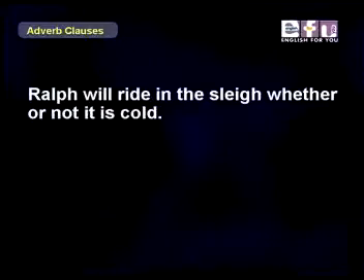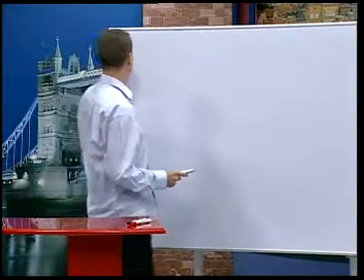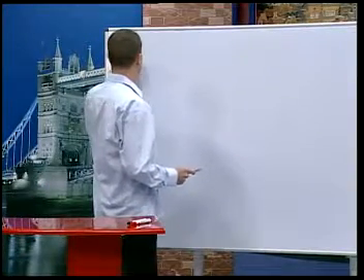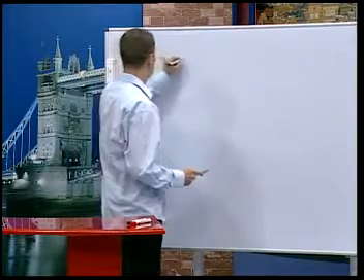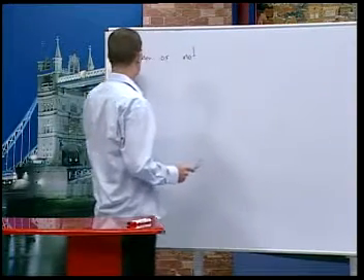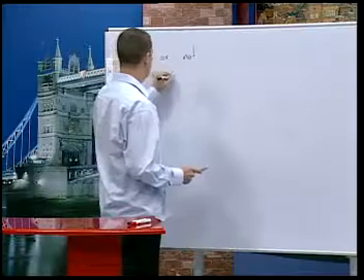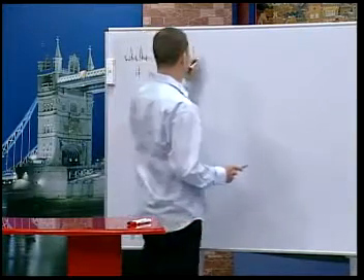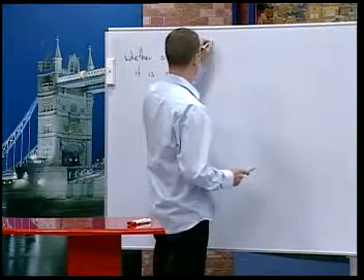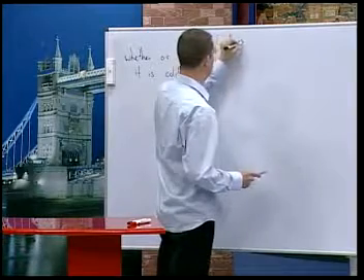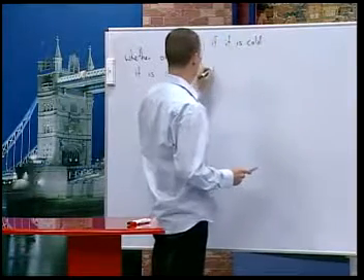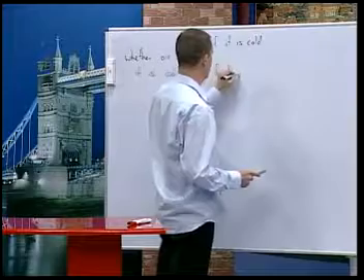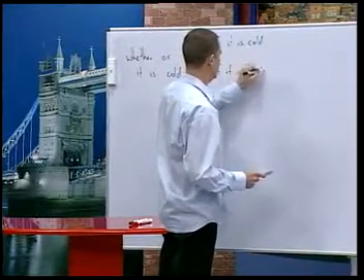In the first sentence, if it is cold, Ralph will ride in the sleigh. If it's not cold, Ralph will ride in the sleigh. Let's look at it on the board. Just think, whether or not it is cold. This means if it is cold, if it isn't cold.